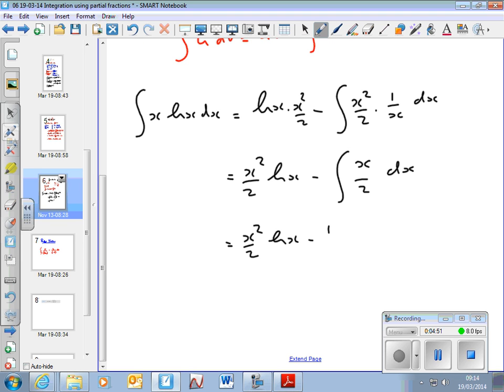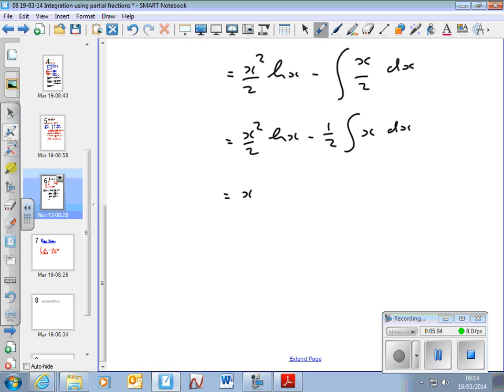So take the half outside the integral and you're just left with the integral of x, which is just x squared over 2. So we end up with a half times x squared over 2 plus c. And that's our answer.